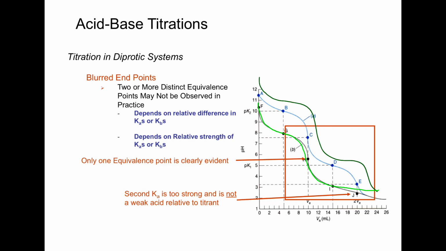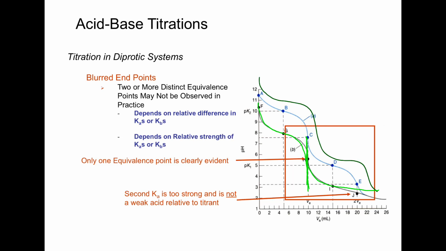It's almost like just the first equivalence point is shown. That happens a lot because the K is a lot higher for the first part of the equilibrium than it is for the second part. And so a lot of the time we only see that first equivalence point, and the second equivalence point just kind of smooths out.